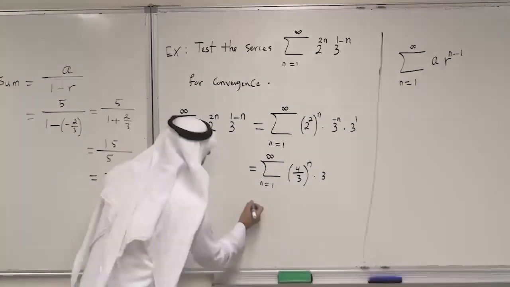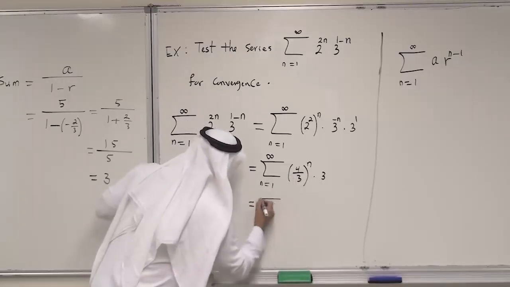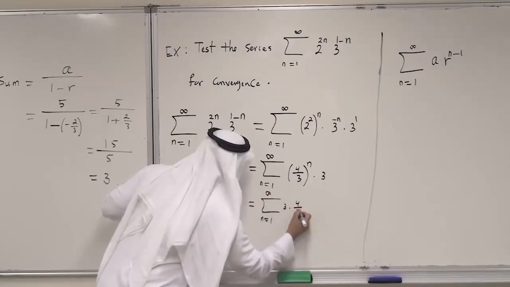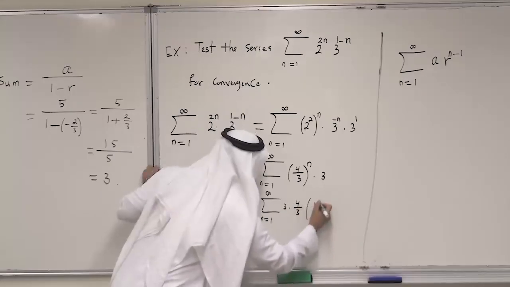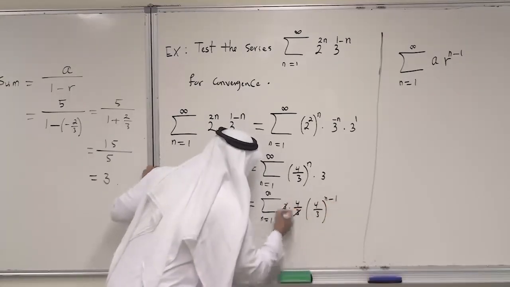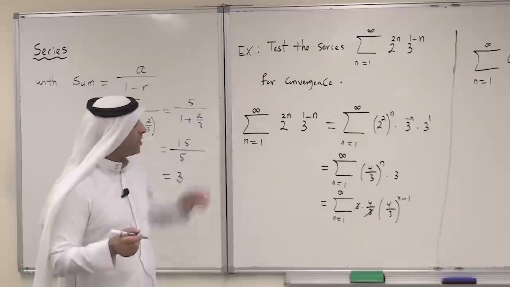So what I will do here, I will separate 4 over 3, so that gives the sum from n equal to 1 up to infinity of 3 times 4 over 3 times 4 over 3 to the power n minus 1. Then I simplify the 3 with the 3 here. Now it is exactly in the standard form of a geometric series.